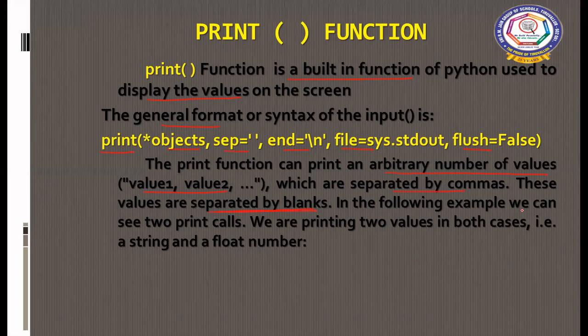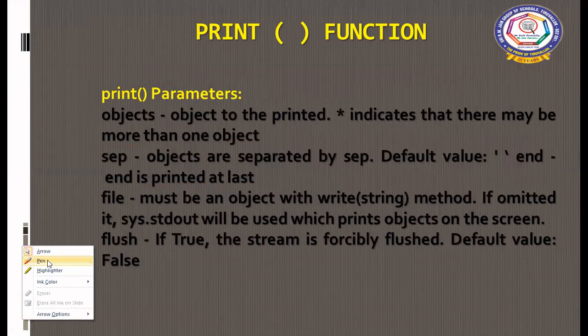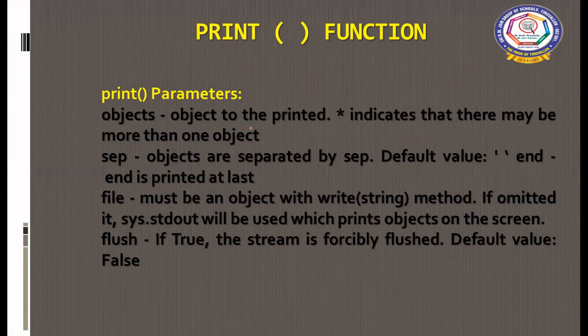In the following example, we can see two print calls, with two values in both cases, a string and a float. Objects indicates there can be many more objects being printed. Separator: objects are separated by the separator, which by default is a space between the values.